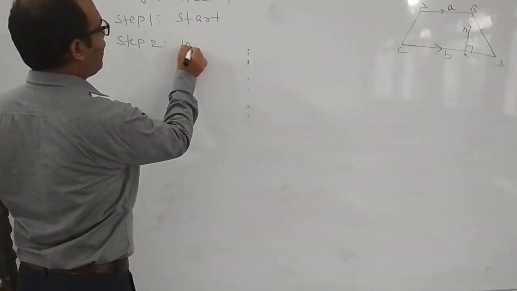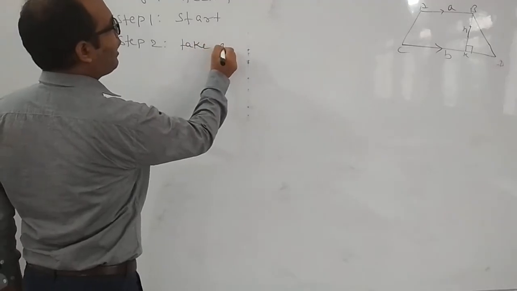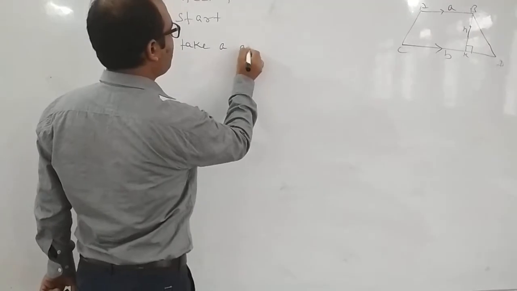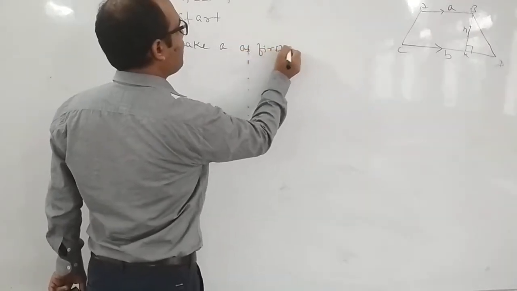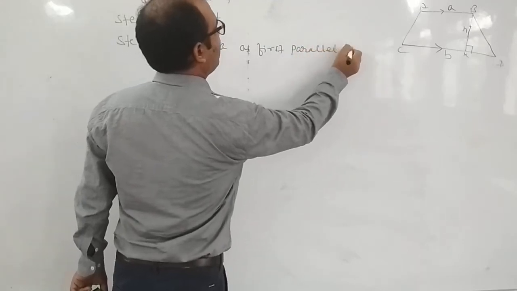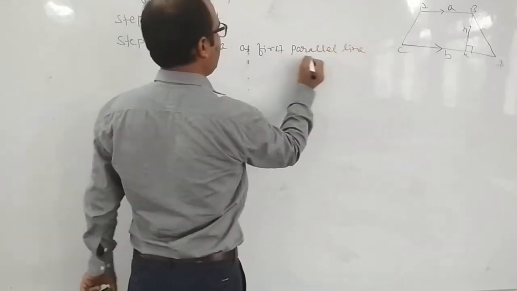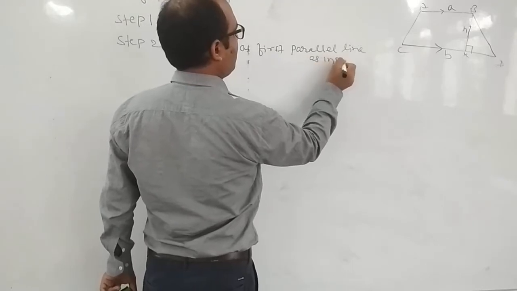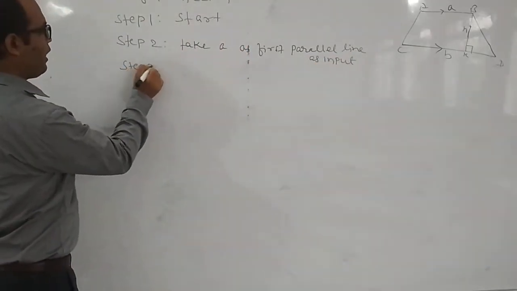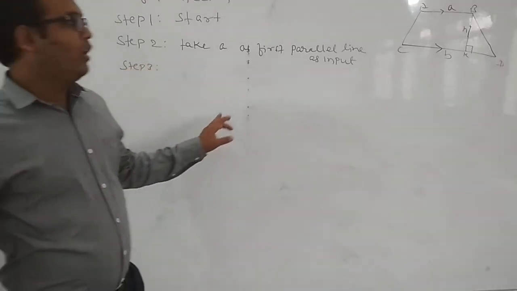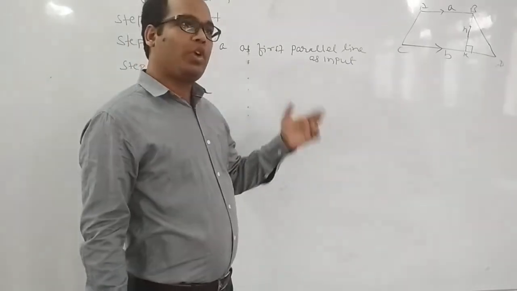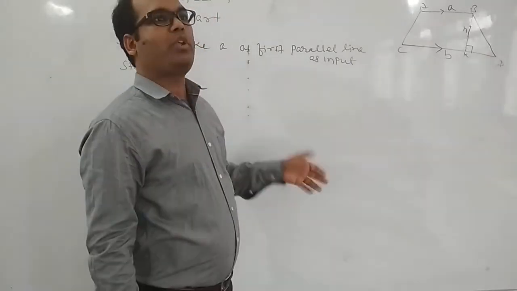So take A as the first parallel line as input. Step 2. After that, step 3. Either you can take all the inputs in one single step, or you can take them one by one. In this example I am going to take one by one.